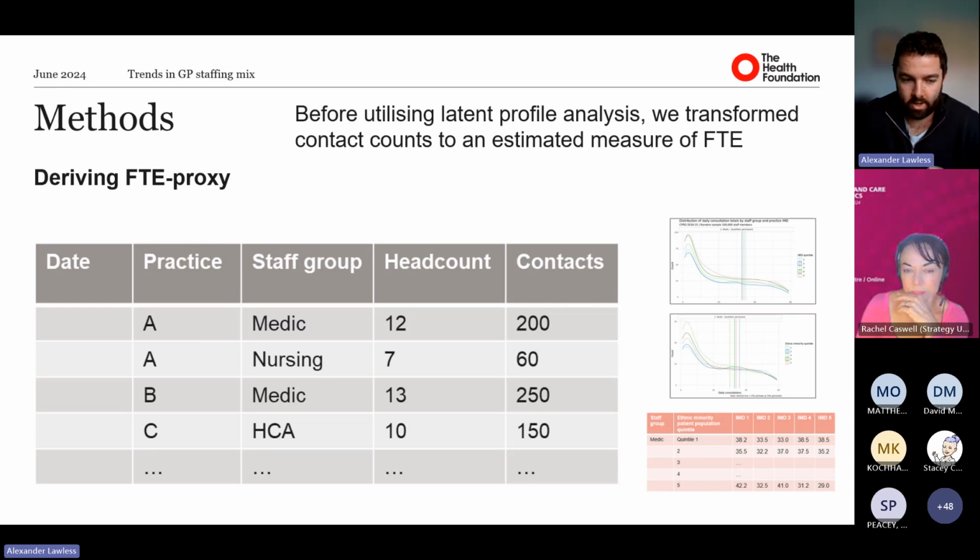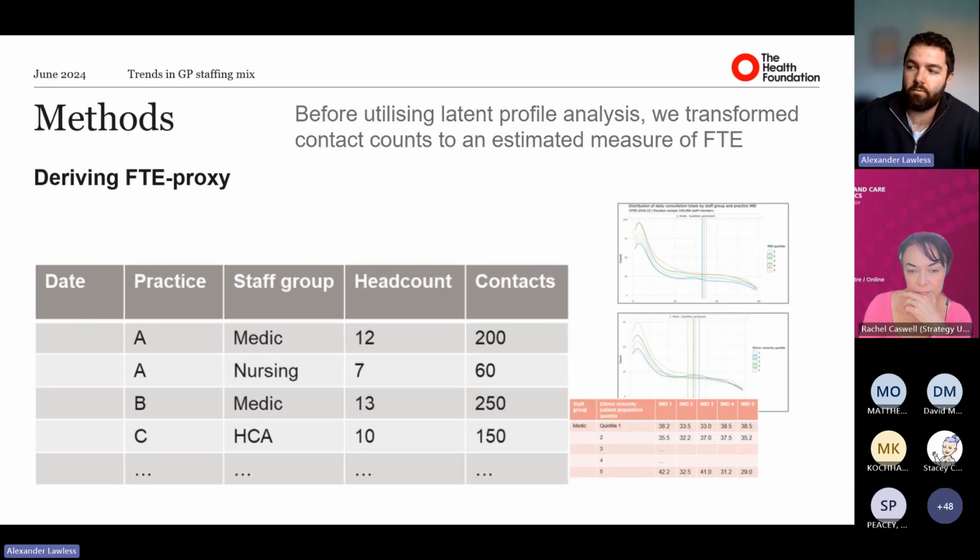But given the inherent weaknesses that we were aware of in using a headcount, specifically, we know that a lot of primary care settings utilize part-time members of staff or members of staff that work across different practices, we expect that the effect of that would be to artificially increase some of our staffing levels. So we try to derive an FTE measure from consultation activity, which is a relatively new approach. So very much open to feedback on this section.